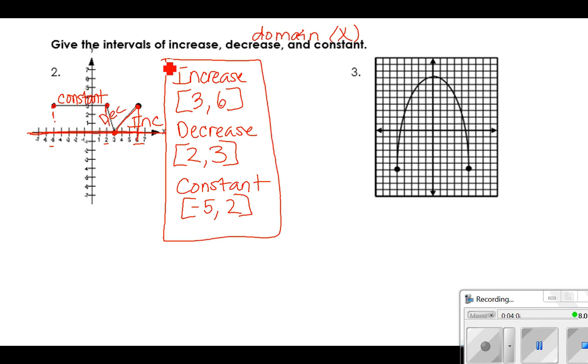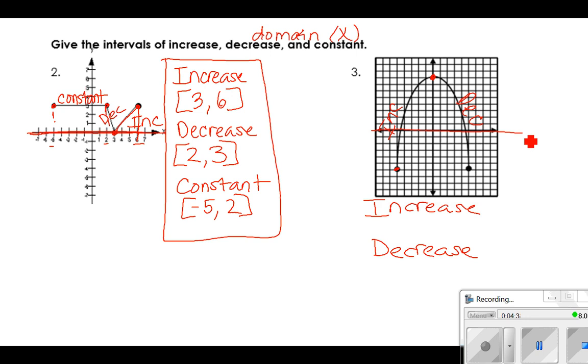For number 3, if we label our graph, we have increase and decrease. And here's the point where it's changing. So I only need to list increase and decrease because that's all that's changing in the graph. And so here's my first point. And again, we have to use this x.